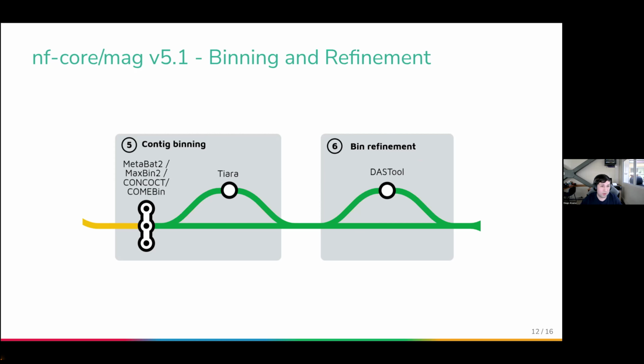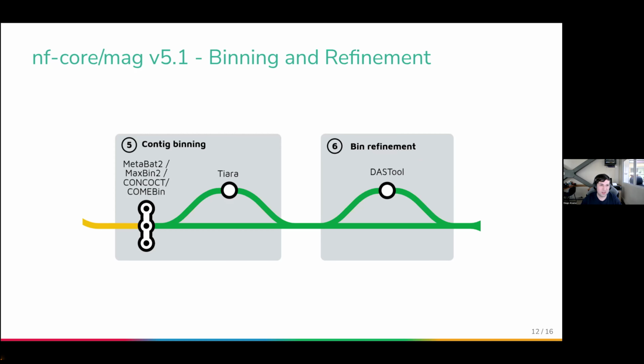So we can run one or multiple of the binners. That is MetaBAT, MaxBin, CONCOCT, and combine. And then optionally we have Tiara that is used for eukaryotic genome sequences identification. And then also optionally we can have bin refinement that is performed by DAS Tool.